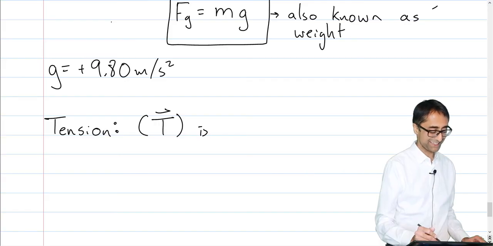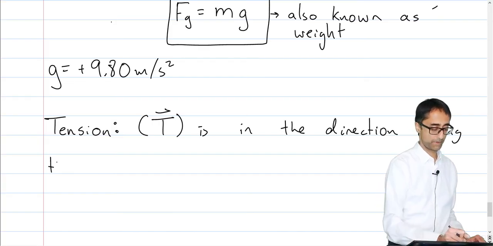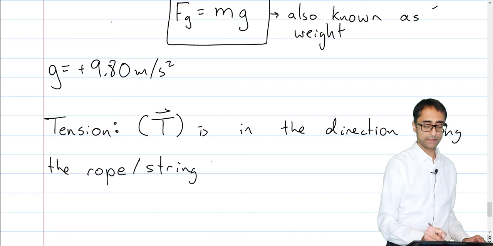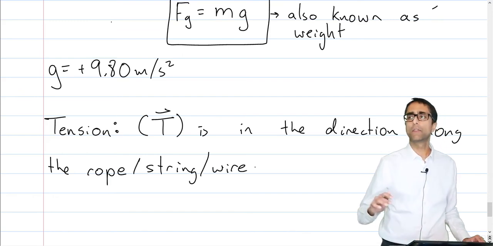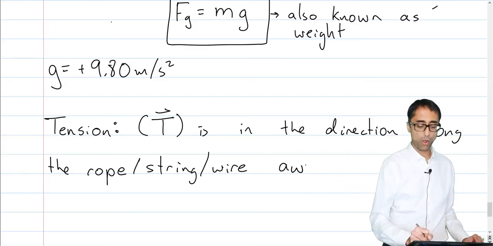So tension is in the direction along the rope, string, or wire. And so if we have a problem that has a rope on it, a string, a wire, doesn't matter, and it's pulling something or something's hanging off of it, well then the tension is along that wire, and specifically it is away from an object's mass.